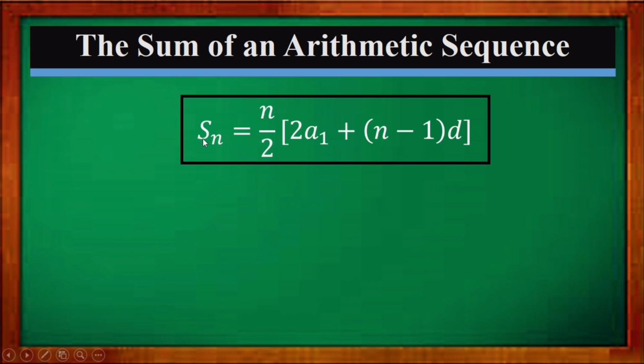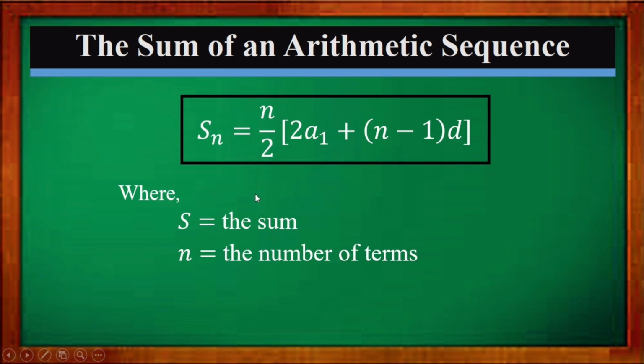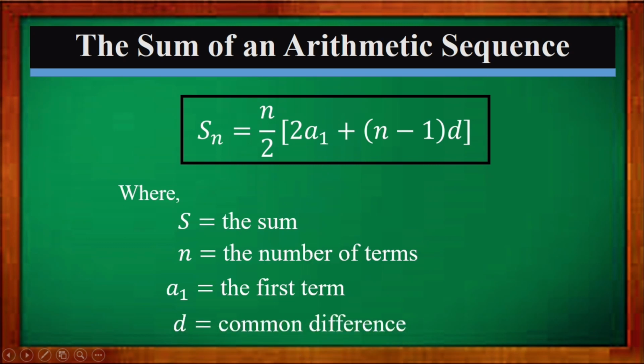So we have S sub n equals n over 2 multiplied by the quantity 2 times a sub 1 plus n minus 1 times d, wherein S stands as the sum, n stands as the number of terms, a sub 1 again stands as the first term, and d always stands as the common difference.